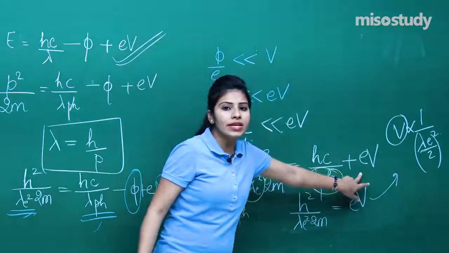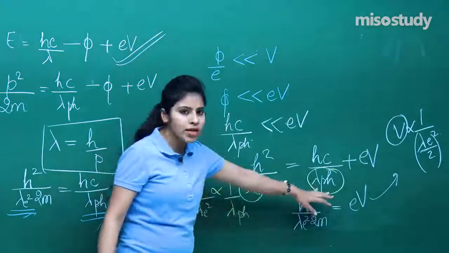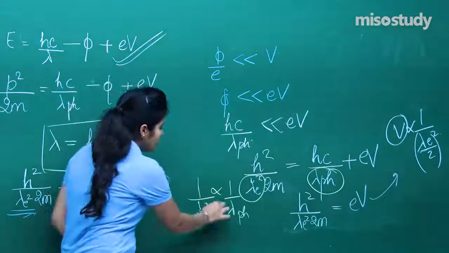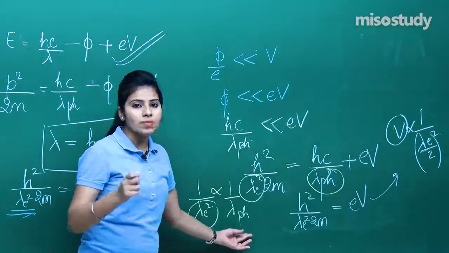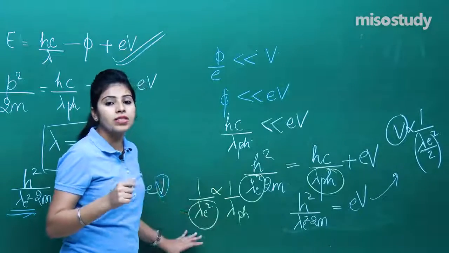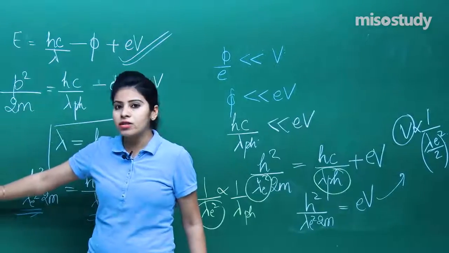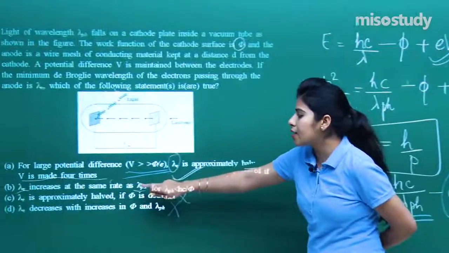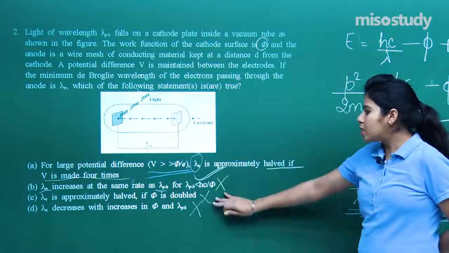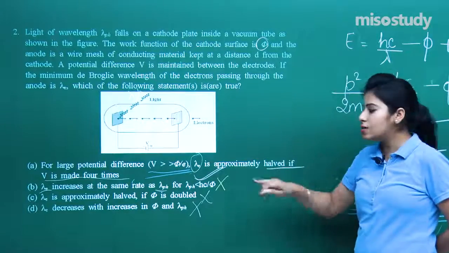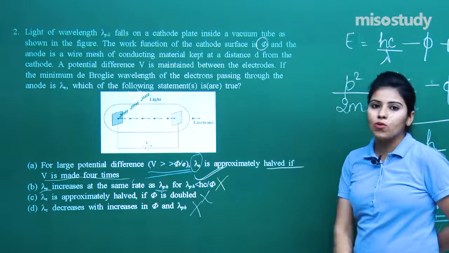So there is no linear relationship between them, first of all. But secondly, even if we consider them equating with each other, one is squared and another has a single power. So if you increase one, the other will get doubled, right? So this relation is not correct. Lambda E increasing at the same rate as lambda pH is not happening. So we have one correct answer, and that is option A. We are now done with this question.